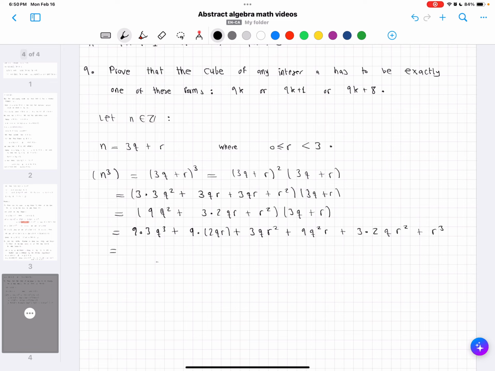So we add the like terms, but I want to keep 9 factored out. So let's factor it out more.